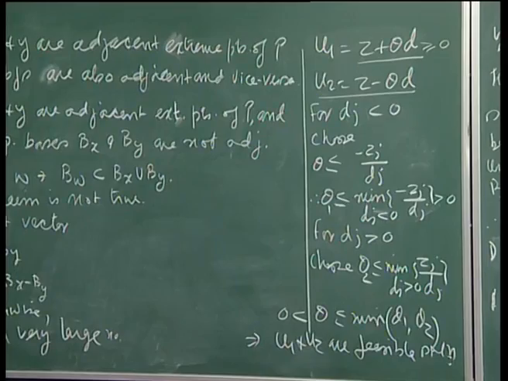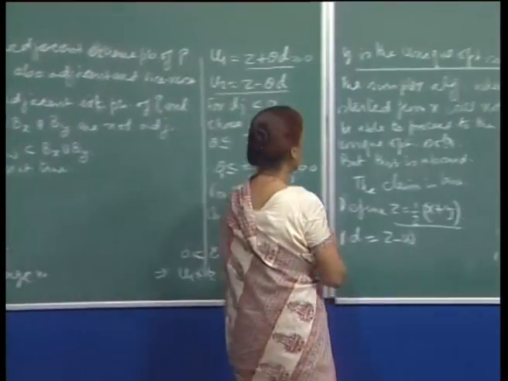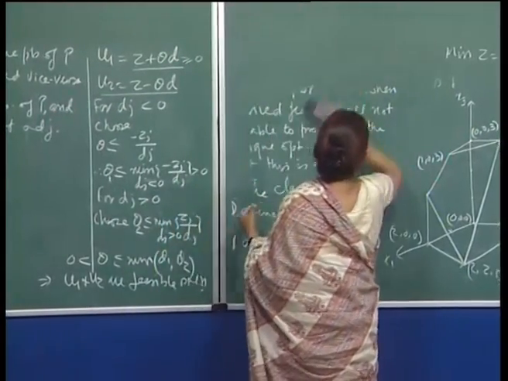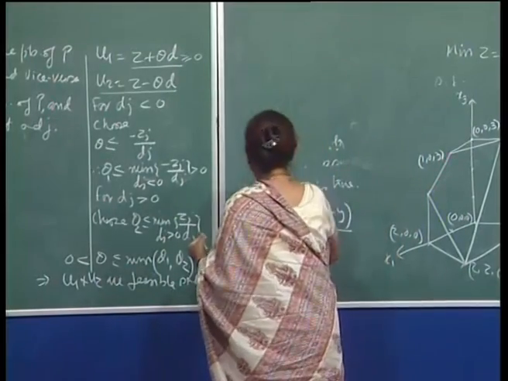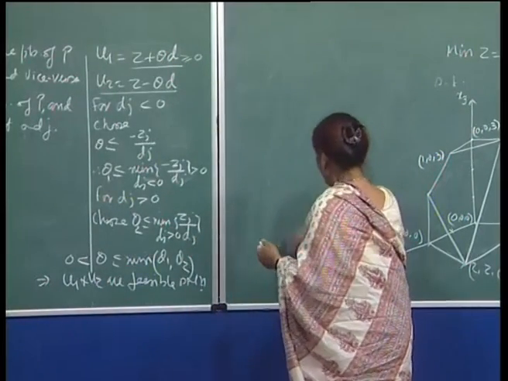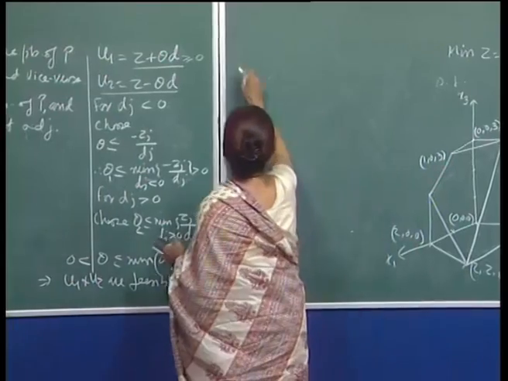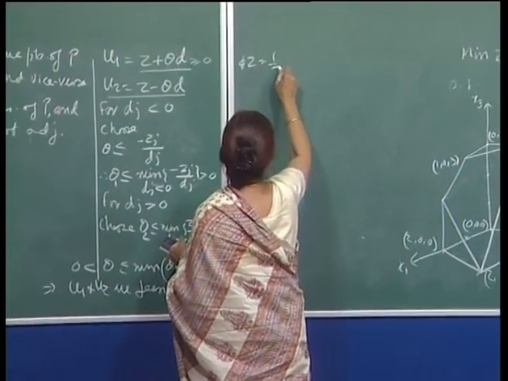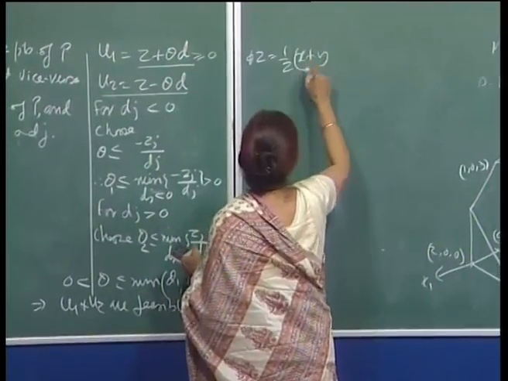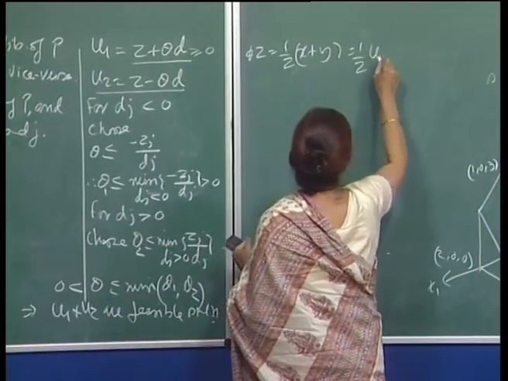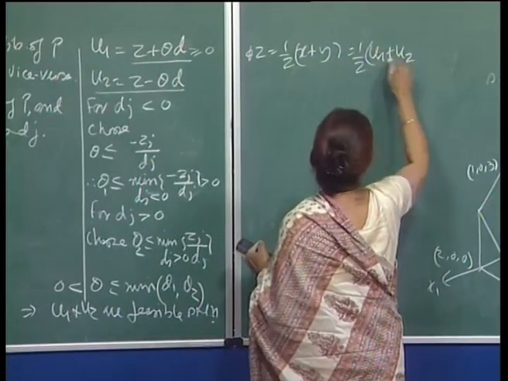So, you have another representation. U1 and U2 are both feasible, and z, which is half x plus y, is also half u1 plus u2.